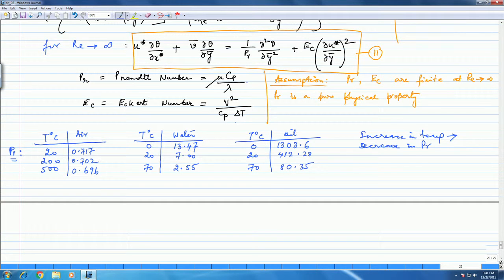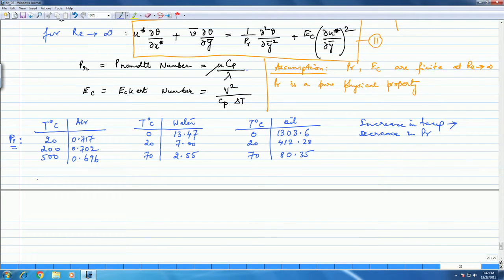So now, for example, for air, Cp is 1000 meter square per second square Kelvin.